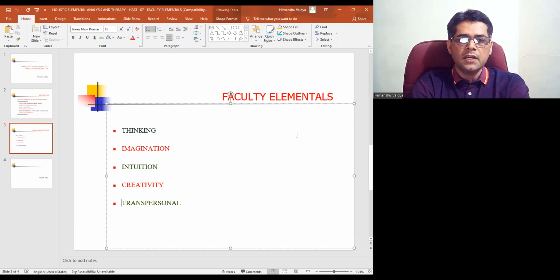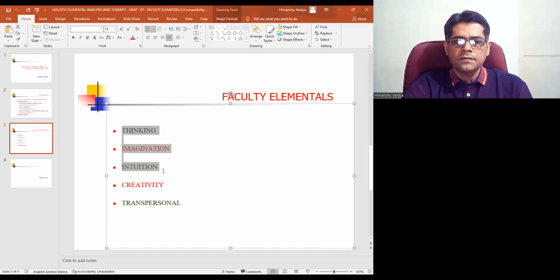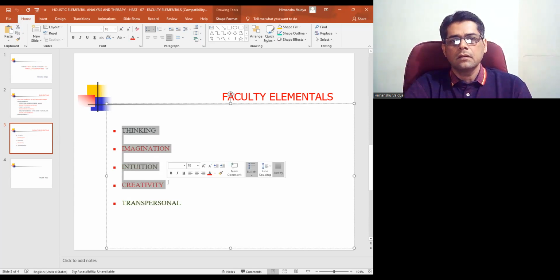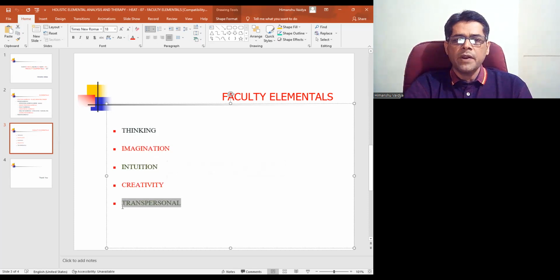One of the transpersonal elements can be vision. These are the faculties that people have. In most cases, the transpersonal element is very subtle or insignificant, and we have these four faculties. But in some cases, this becomes quite a powerful faculty through which inputs are received and processed by the individual.